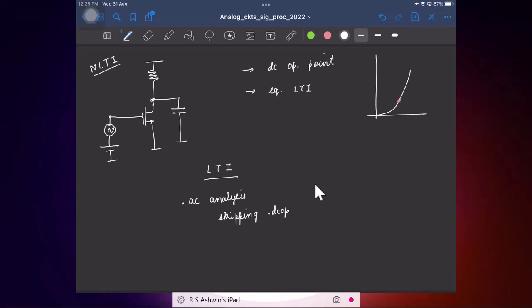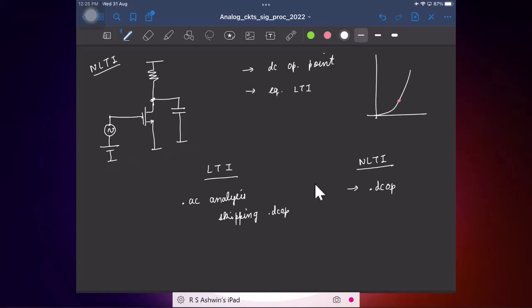So by looking at the circuit, I can form the G matrix. But this is a nonlinear circuit. So first I have to reduce it to an equivalent LTI, and for that purpose, for nonlinear and time invariant, you need to first run a DC operating point, and then you can run a .AC.